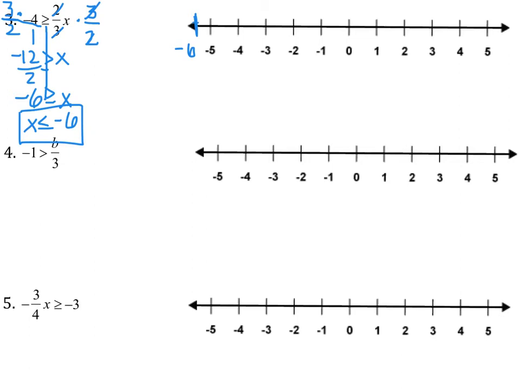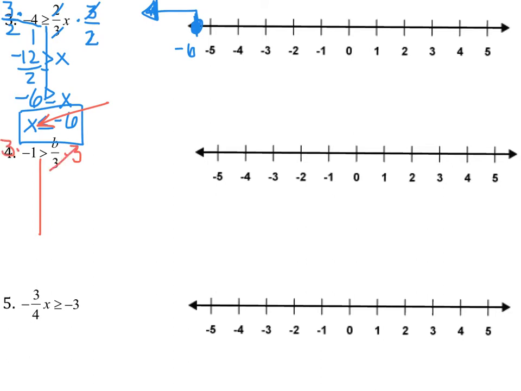Going to be a closed circle since I have a line underneath my inequality. The arrow points to the left, so I'm going to make sure my arrow points to the left when I graph it.